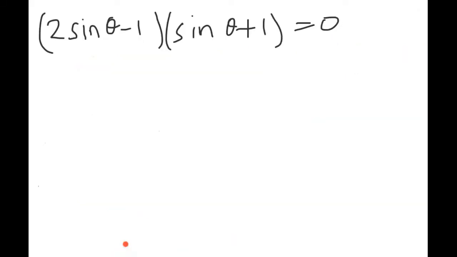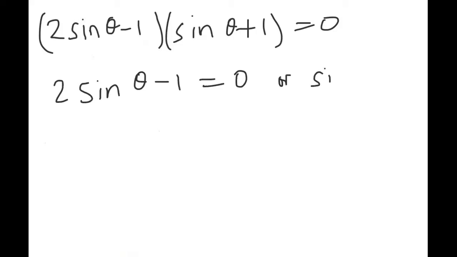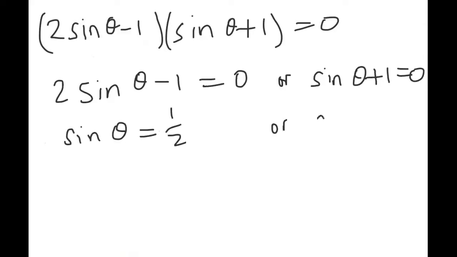That's what I have there. So now I have just the basic maths factorization where you have the one bracket equal to 0, or I have another bracket equal to 0. And if you do the maths, you have this, or sine of theta equal to minus 1.